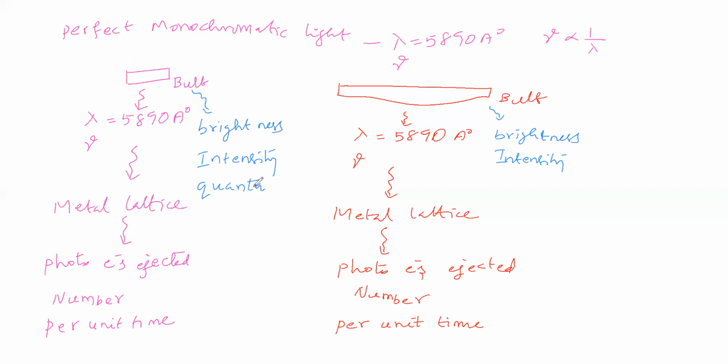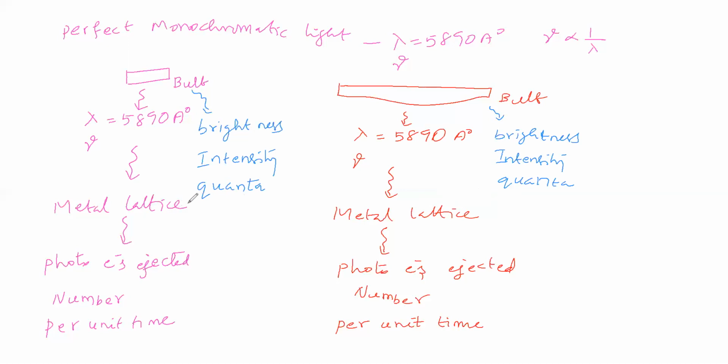We can even say photons. Both radiations have quanta. These quanta are falling over the metal lattice. Each metal atom is absorbing one quantum, and from that a photoelectron is ejected out. In the same way, here also it is happening.